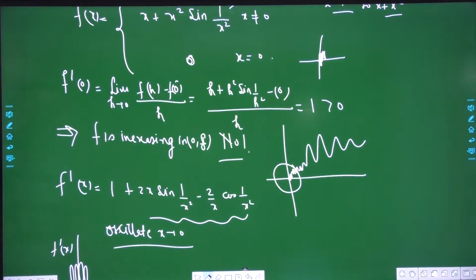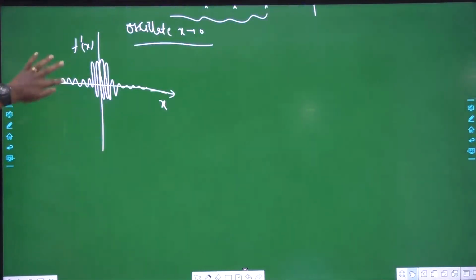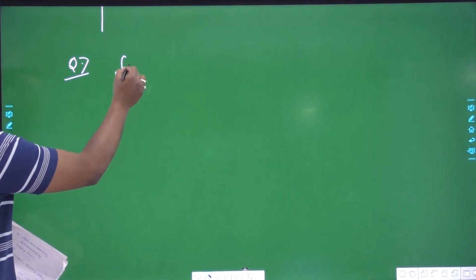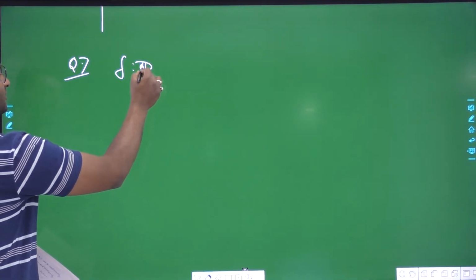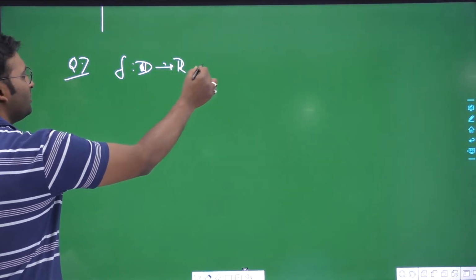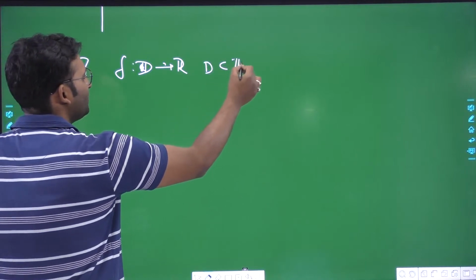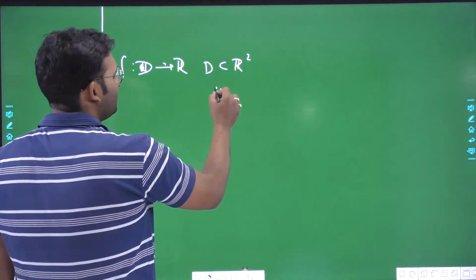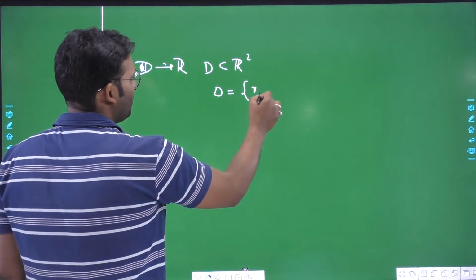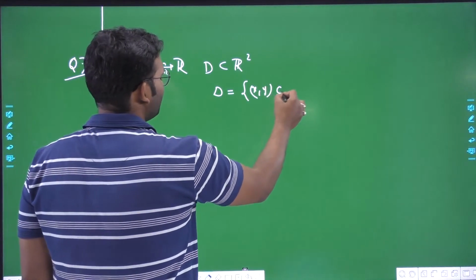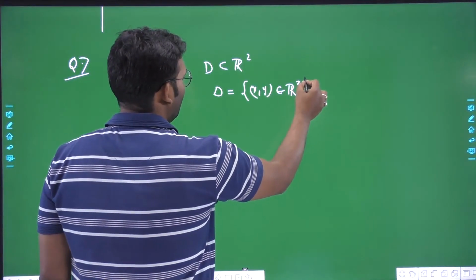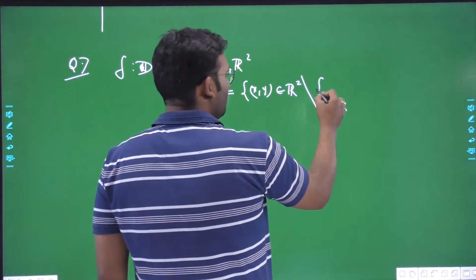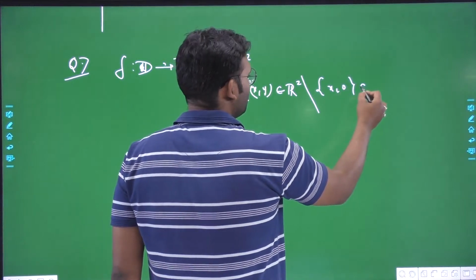So let us do question number 23. f is defined from D to R, where D is a subset of R square, such that D contains x and y belonging to R square, except x comma 0.